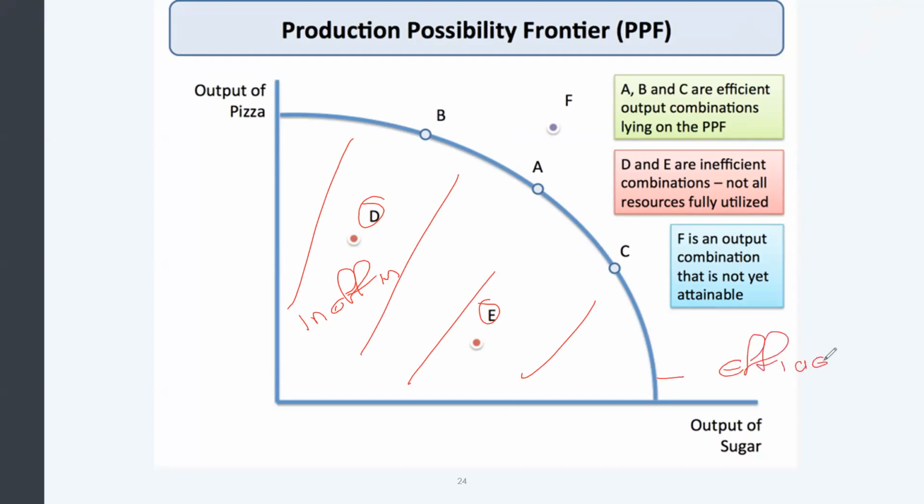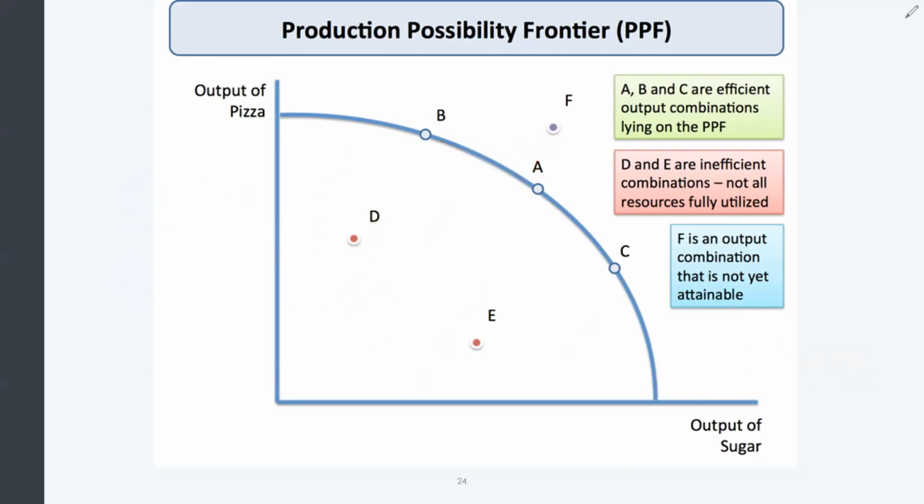We are using all of our resources, right? Point F, we said it's unattainable, we cannot produce at point F because it is outside the PPC. If we move from point B to point A, that is a choice that we have made. And whenever we make a choice, we face opportunity cost.